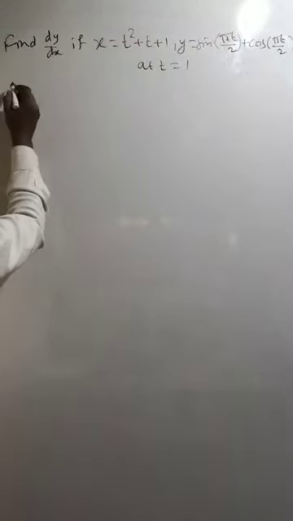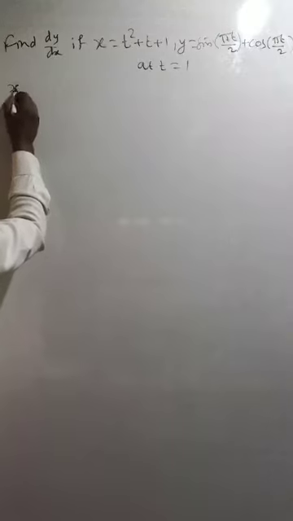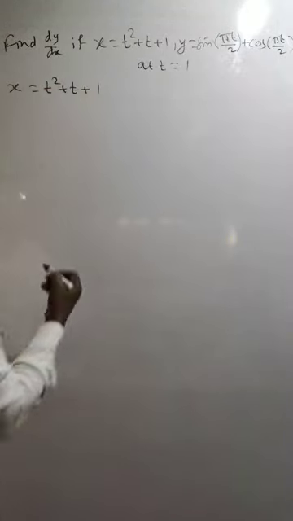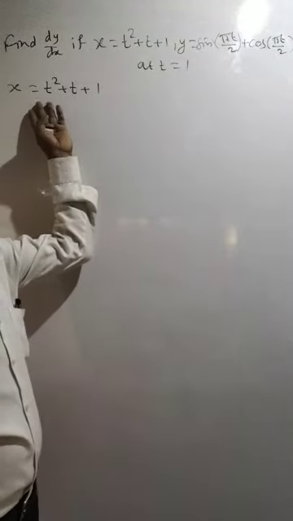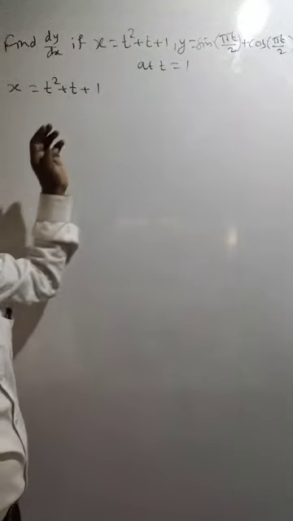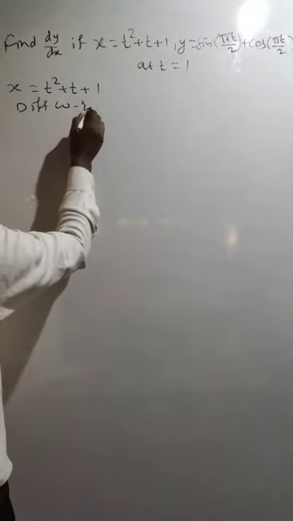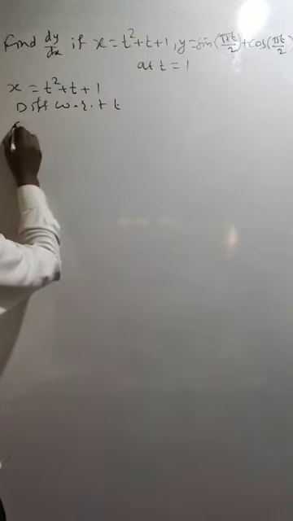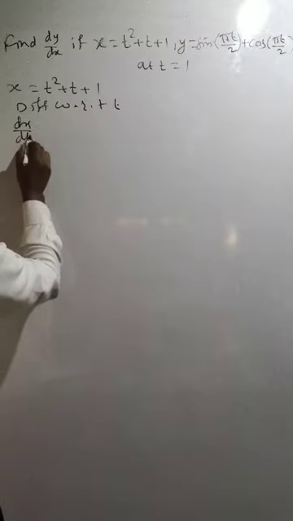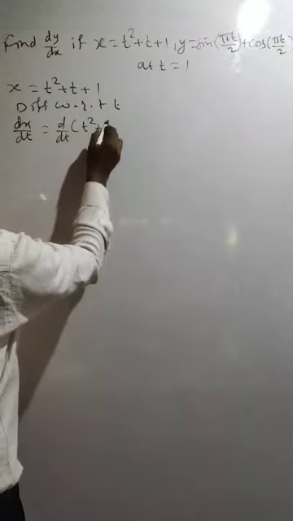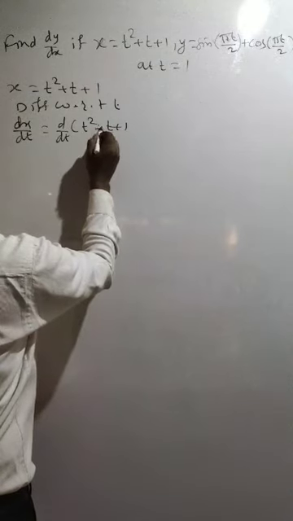Now the solution is, first we write x equal to t square plus t plus 1. Differentiate with respect to t. Therefore dx by dt equal to d by dt of t square plus t plus 1.